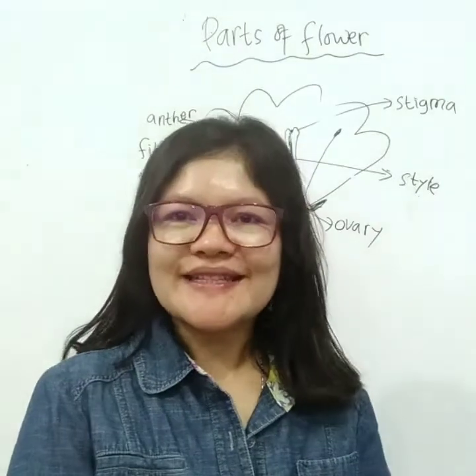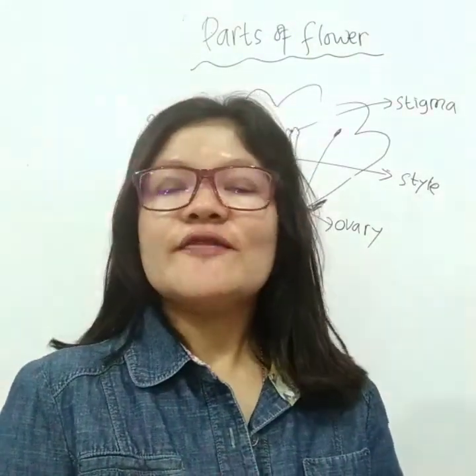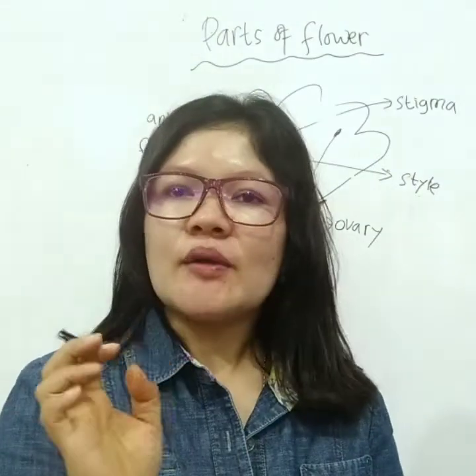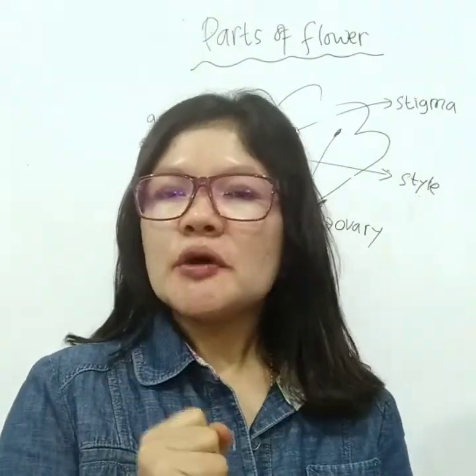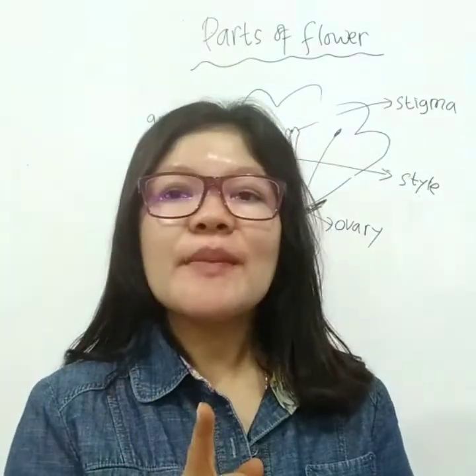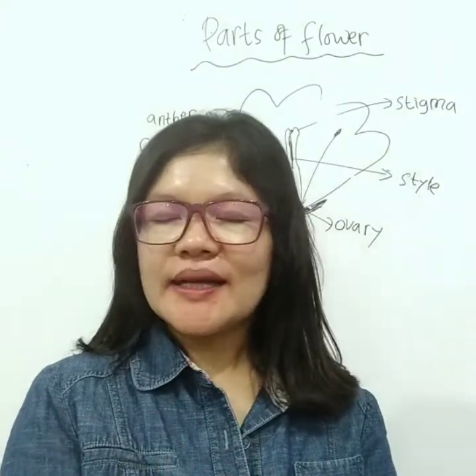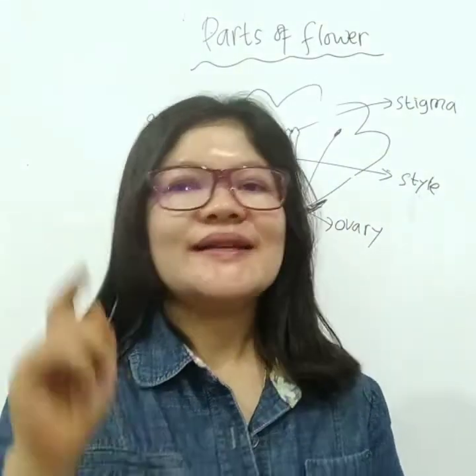Now we're going to the next explanation. The parts of the flower are divided into two. We call them the male parts of the flower and the female parts of the flower. So which one is the male part and which one is the female part? Check this out.